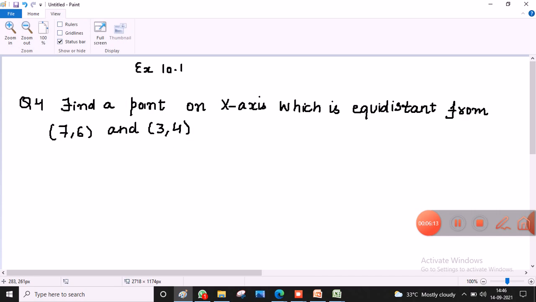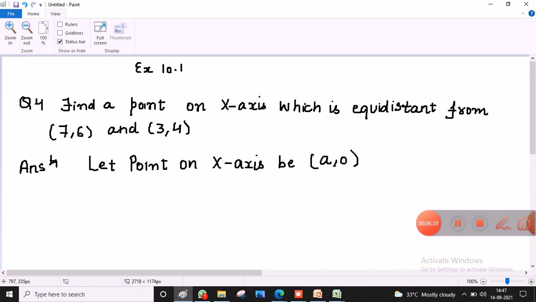Now, if we are talking about any point on the x-axis, then it will be of the form x comma 0. So let the point on the x-axis be x comma 0, or you can take a comma 0, m comma 0, whatever you like.